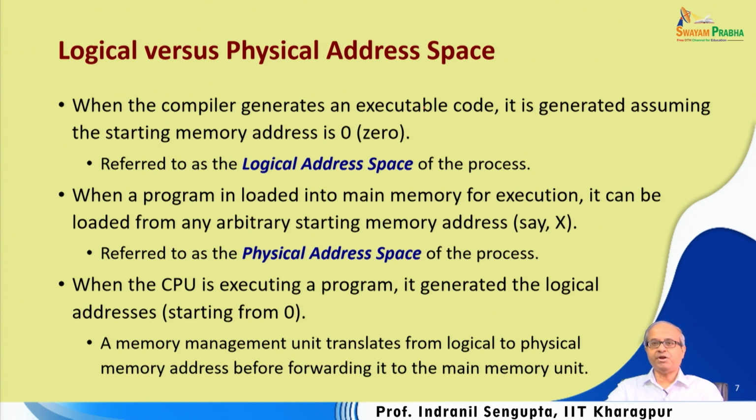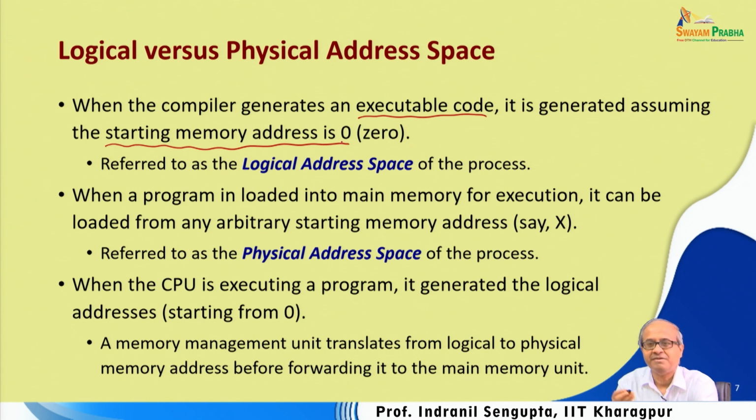Now, some very important concepts come in here. There is a concept of logical address versus physical address. As I said just now, when the compiler generates executable code, it is generated assuming that the starting memory address is 0, but it is not real.